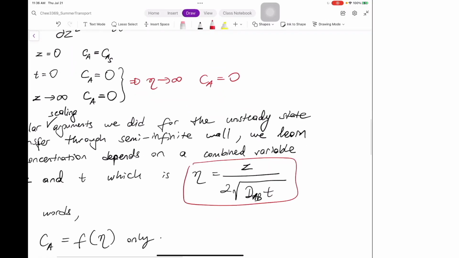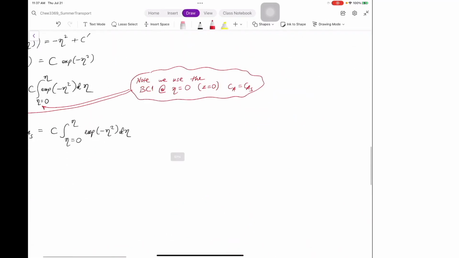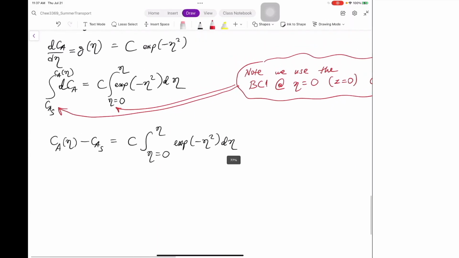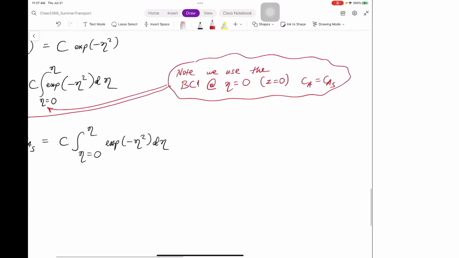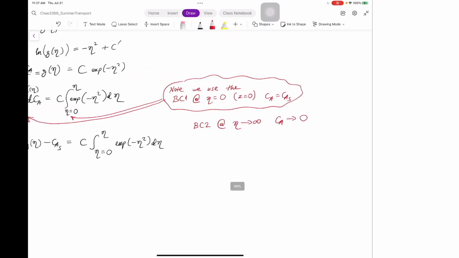We use this to come up with this. So that's our second boundary condition. We know from our previous analysis that these two boundary conditions collapse into one: BC2, at eta going to infinity, CA goes to 0.